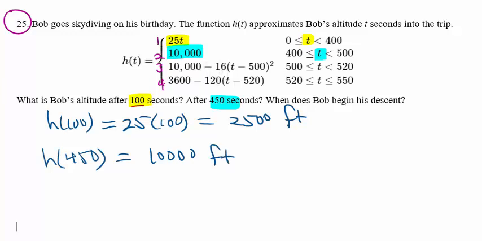Now, this is a constant, which means that for so many seconds he stayed at the same height, which is probably when the airplane reached that altitude, and then he's going to jump, and the height will change after that, after 500 seconds.